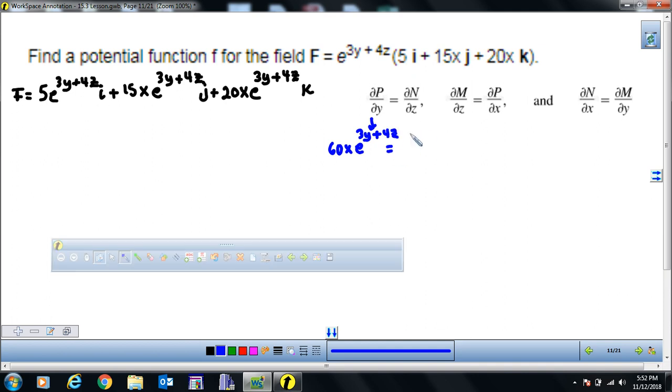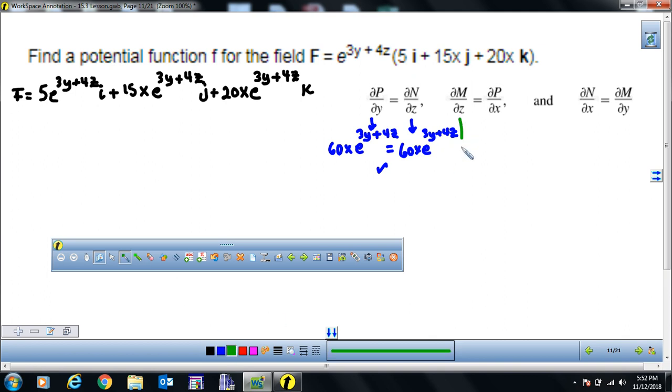And according to this, it has to be the same as the derivative of the j component, which is the middle one, with respect to z. The derivative of this with respect to z would be 4 times 15, which is 60x times e raised to the 3y plus 4z. And we can see that they are the same.